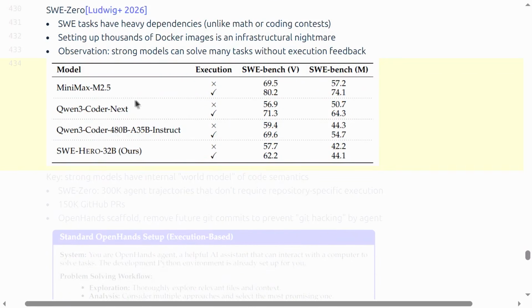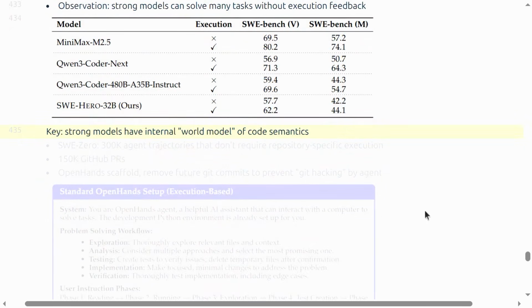If you allow execution, you get around 80. If you don't allow execution, you get almost 70, which is not bad for not being able to execute code. Somehow these models have some internal semantics of code.